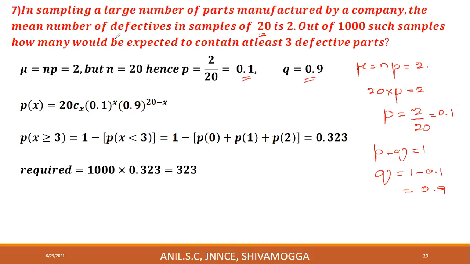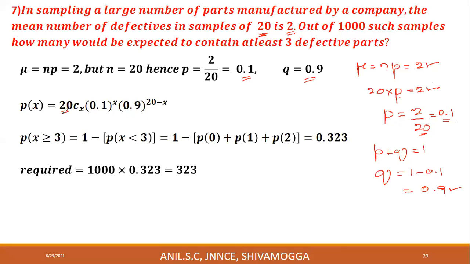It's given that the mean is equal to 2 and samples of 20 are taken. Therefore, N is equal to 20. N into P is mu. Mu is equal to 2. Therefore, 20 into P is equal to 2, so P is equal to 2 divided by 20, which is equal to 0.1. And therefore, Q is equal to 0.9. Now we can construct the probability function.